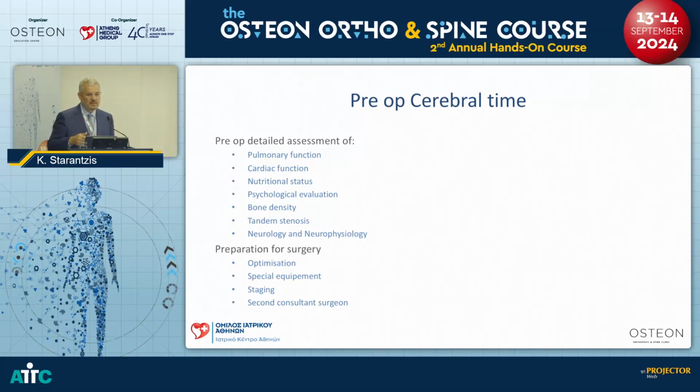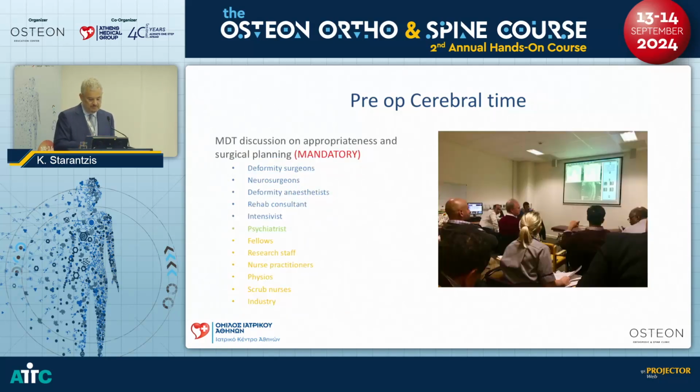For adult deformity surgery, I think this is a must. And you need to think about and discuss your plan with other colleagues that can give you an opinion on that, and tell you if what you think is a great thing to do, actually is.